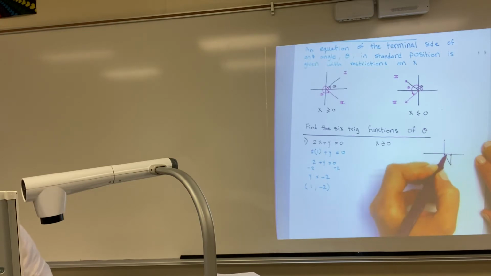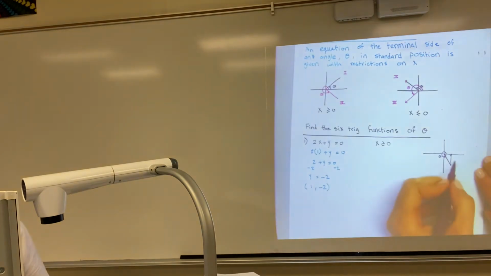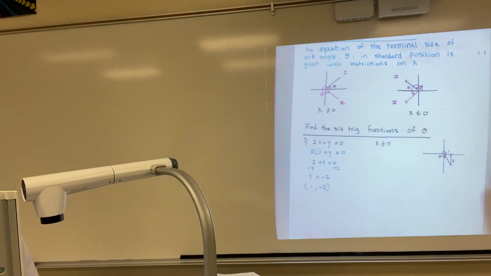Here is theta. So as you see, I have a theta, an angle with x greater than 0, but y is in the negative direction. This is 1 and this is 2. But I still need to find the hypotenuse.